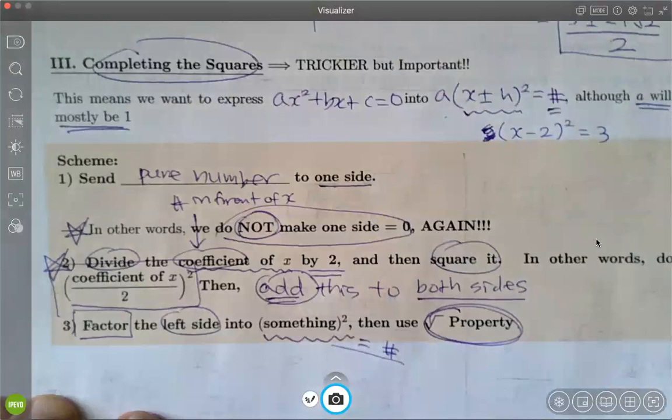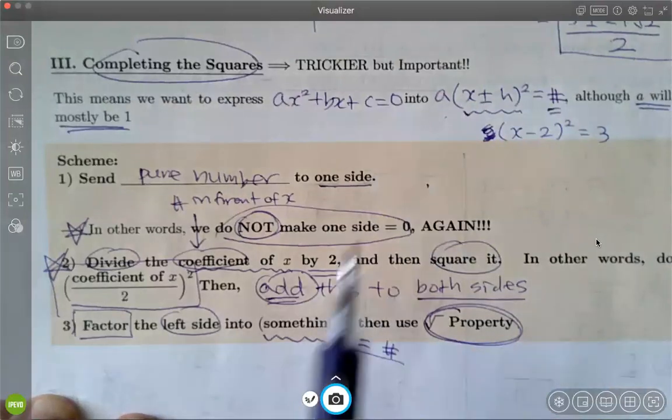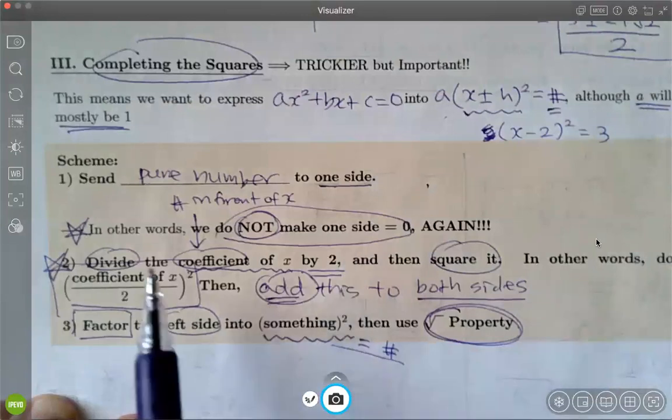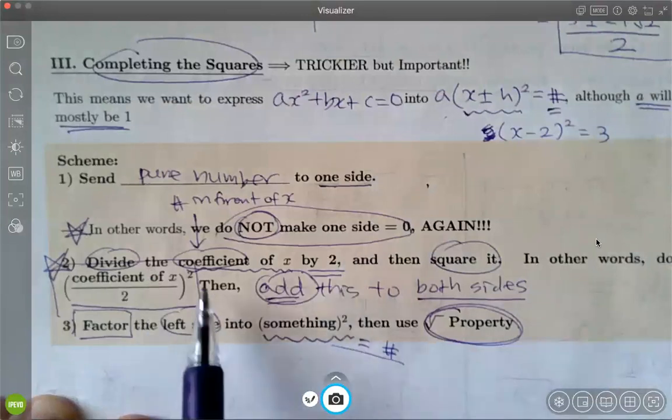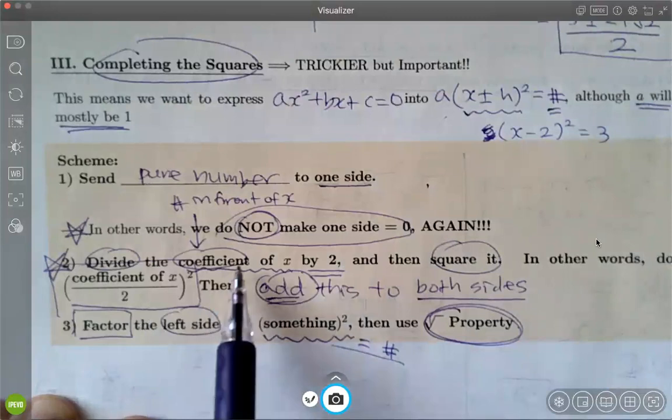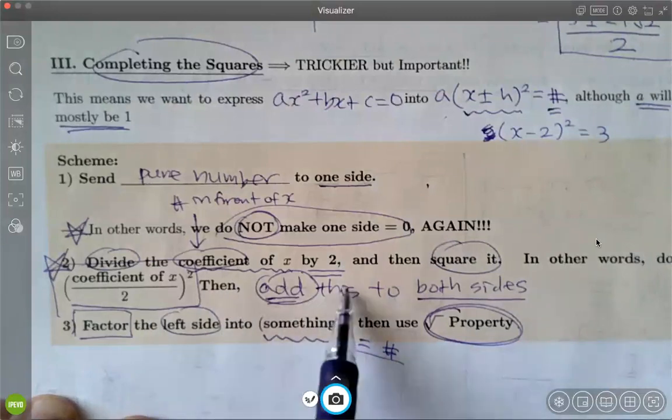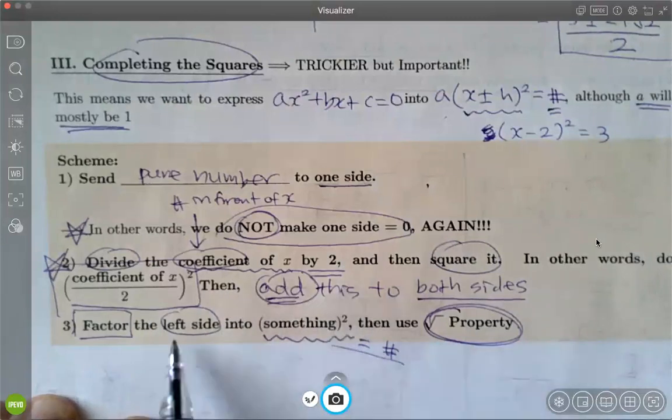First, you send all pure numbers to one side. Remember that? And then you take the coefficient of x, divide it by 2, and then square it, and then you add it to each side, and then you factor the left-hand side, and so on. We just learned this yesterday, but we are learning too many things in a short period of time.